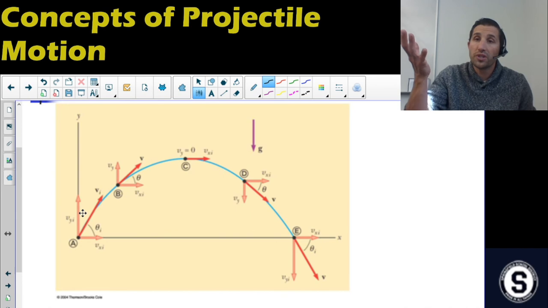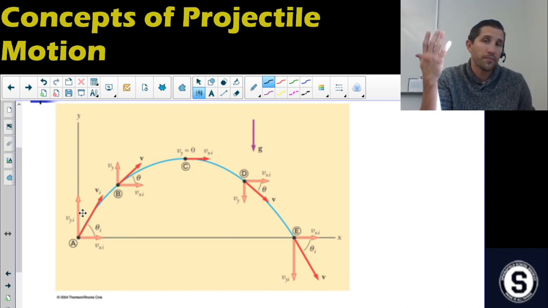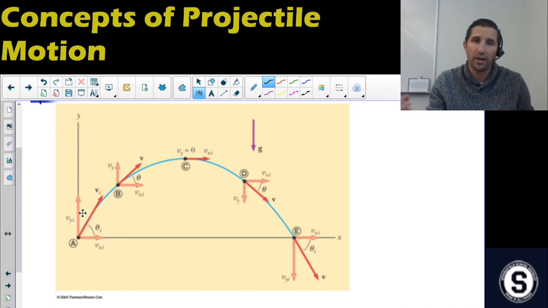It slows it to 0 as it travels up, and then as it comes back down, it gets faster and faster in a downwards direction. So the horizontal velocity remains the same throughout the entire motion, while the vertical velocity is decreasing the entire time, reaches 0 at the top, and then becomes negative after that because it's falling and getting faster.